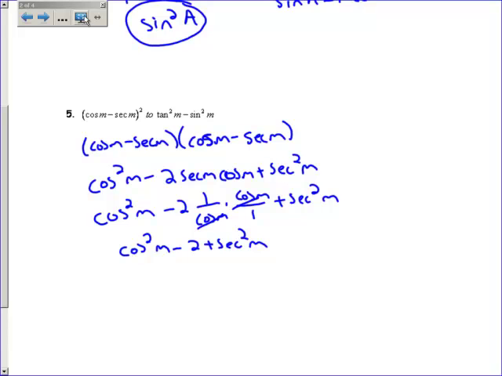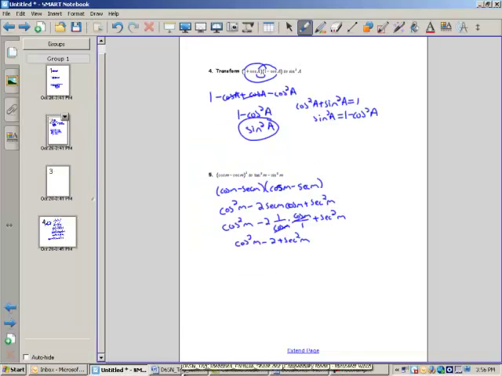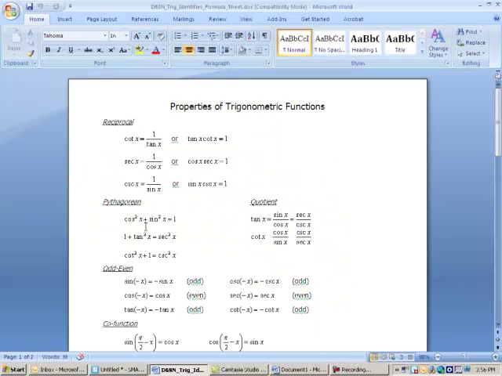But let's go back and look at this Pythagorean identity that has to do with tangent. And you might see in that Pythagorean identity that tangent squared plus 1 is equal to secant squared. So let's go take a look at what we have.